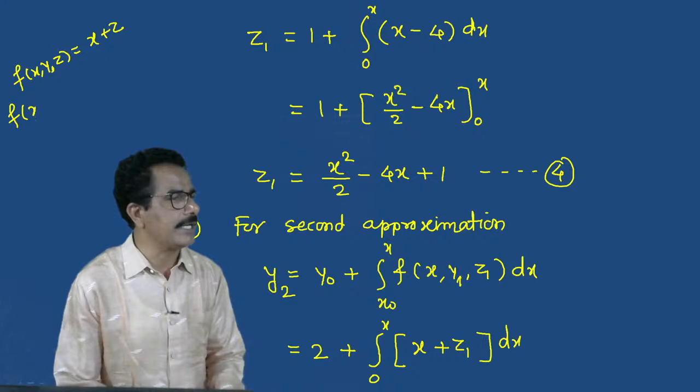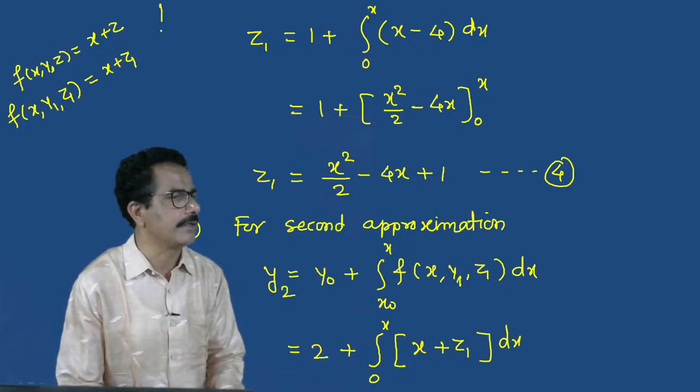So f of x comma y1 comma z1 means x plus z1.